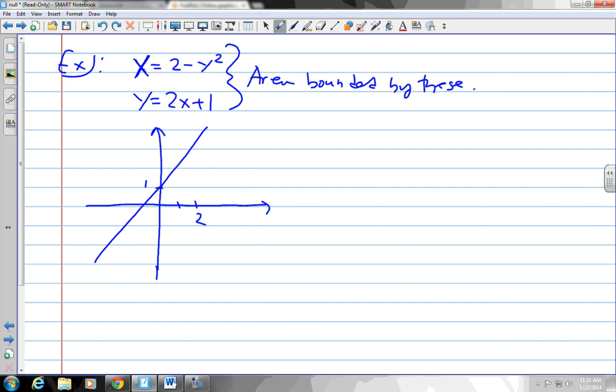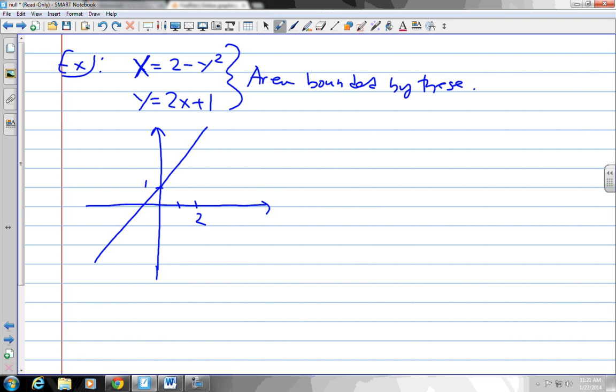And is it going to go out or in? Right. How's it going to look? What's going to be the y-intercept?